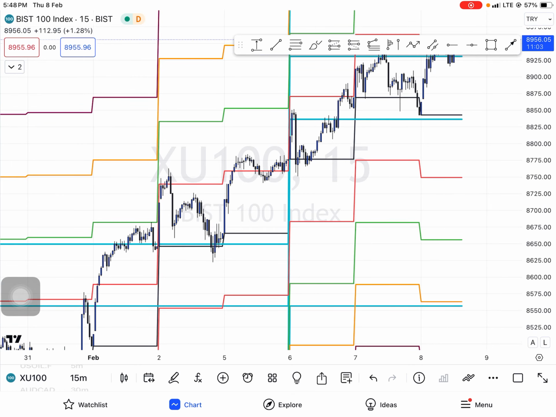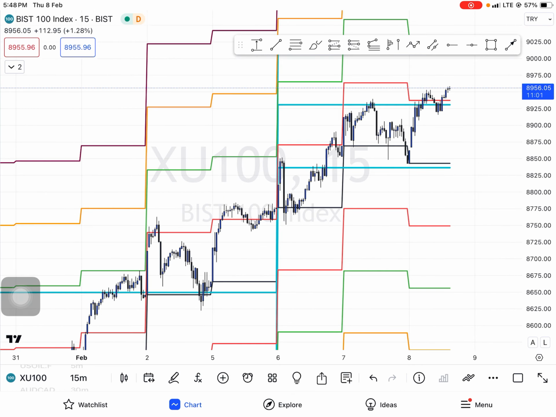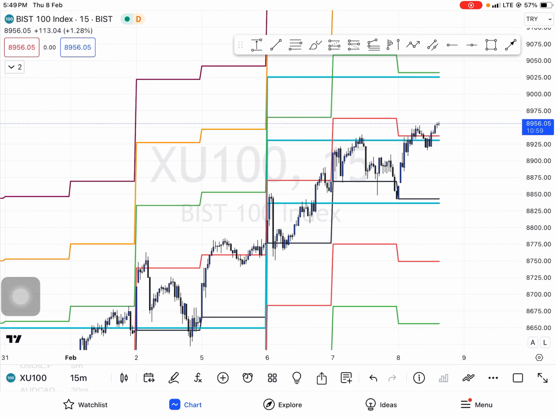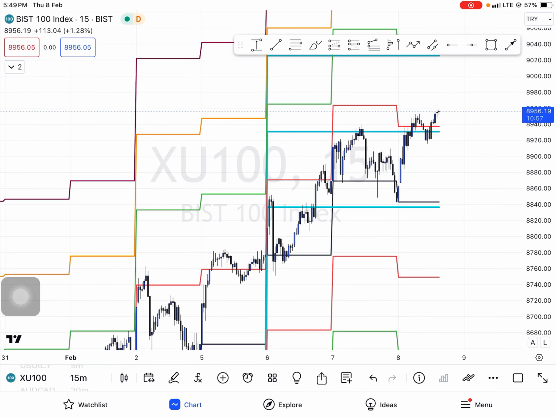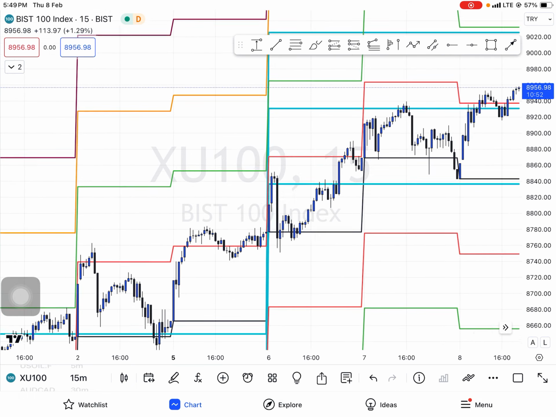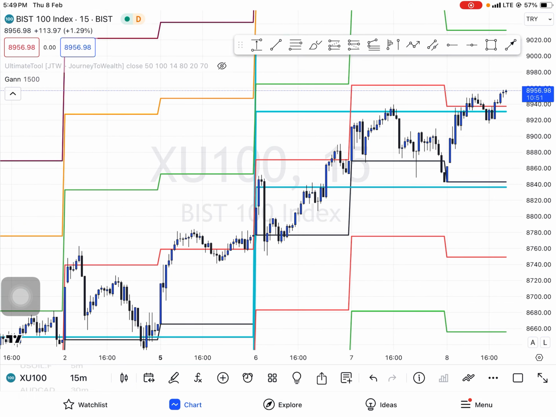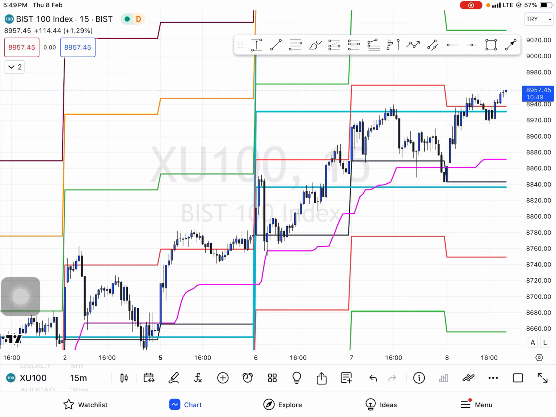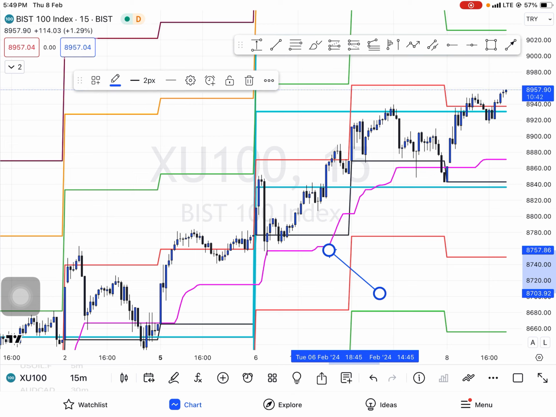So how to identify a trend and how to place a trade with this particular type of setup? Over here we need another indicator, that is this ultimate tool. Now this pink color line which you can see clearly is a Gann timeline.